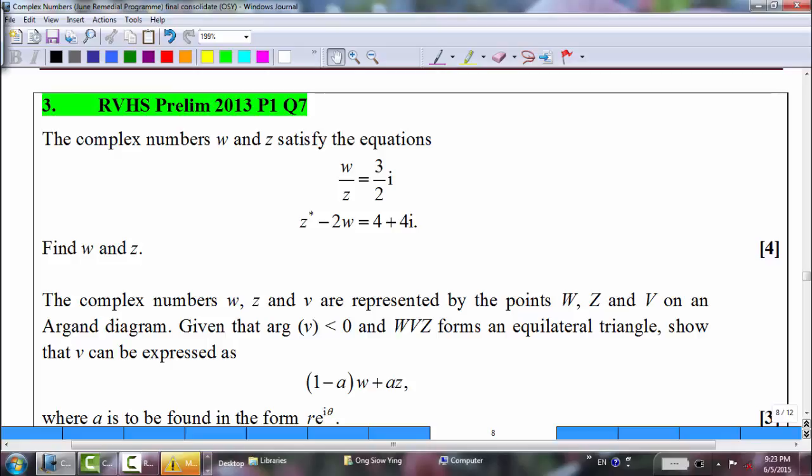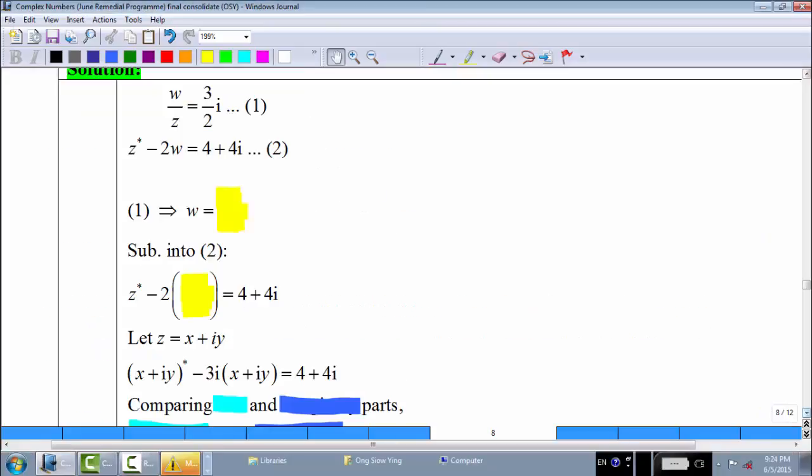So for the first part of it, looking at it, in this particular case, probably you could try to consider using the substitution method.